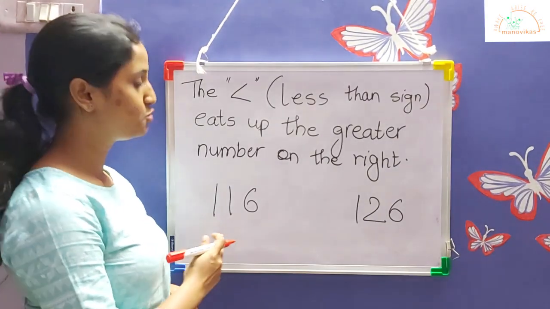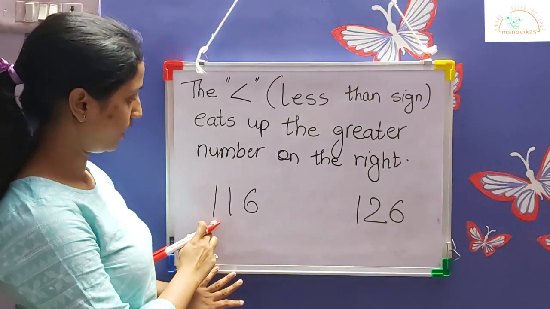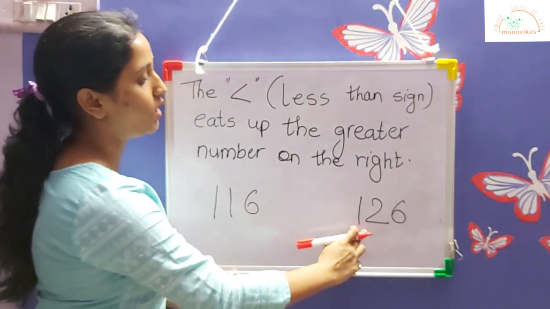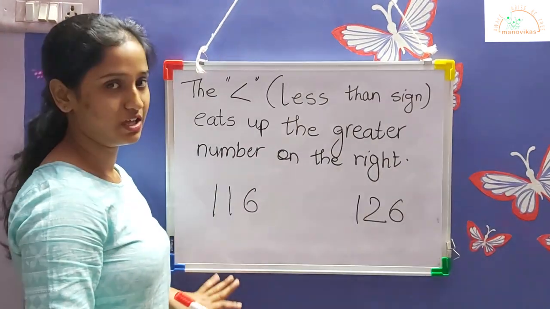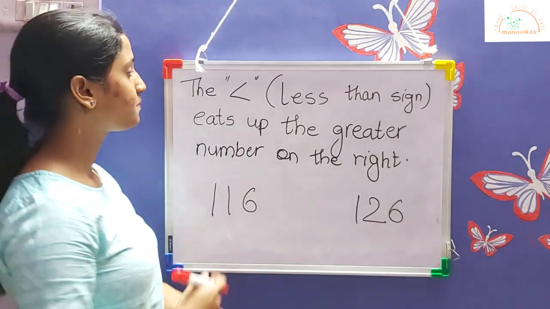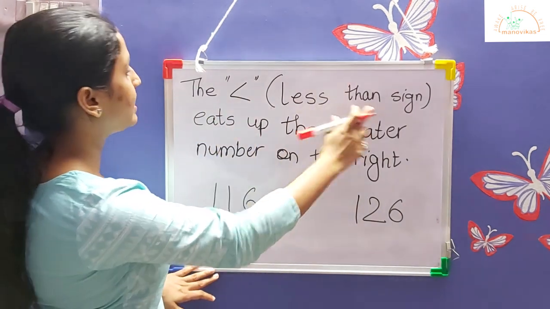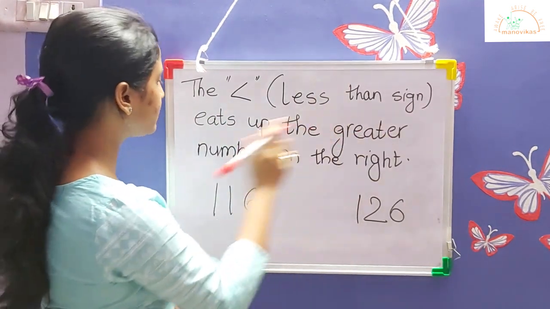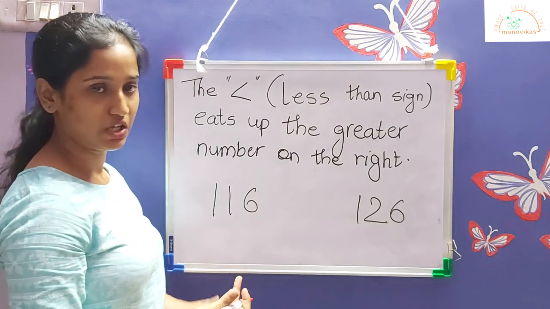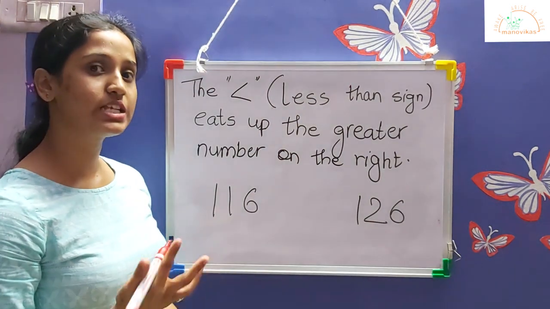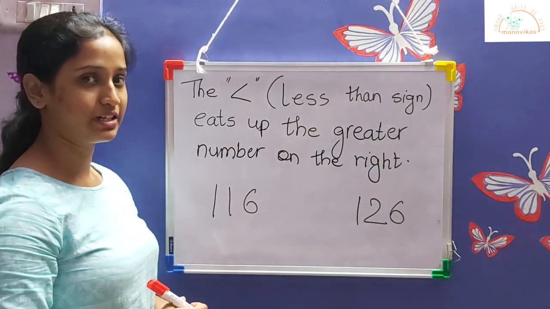Here there are two numbers, that is 116, 126. So let us read the statement. The less than sign eats up the greater number on the right. So can you tell me which is the greater number here? Correct.